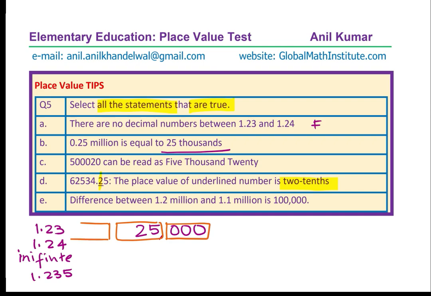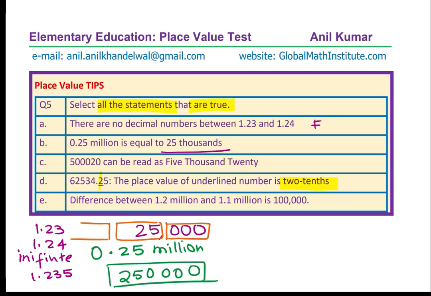And if I have to write 0.25, I'll write 0.25 million. Do you see that? So 0.25 million actually is 250,000. Not 25,000. So this is also false.